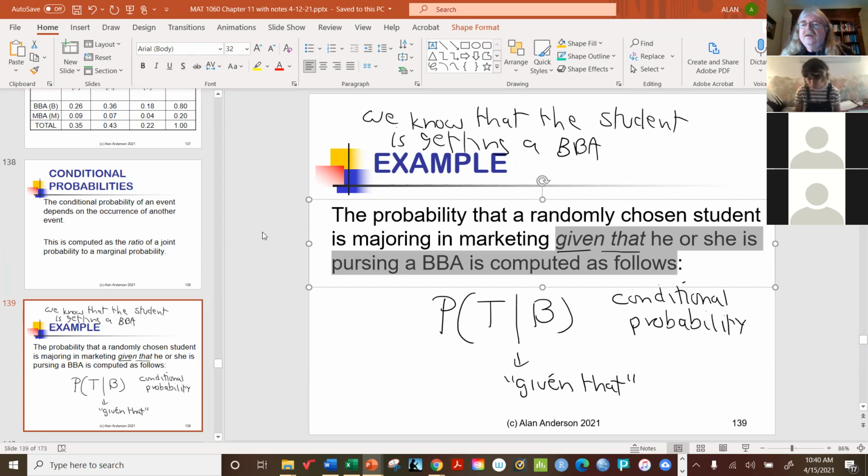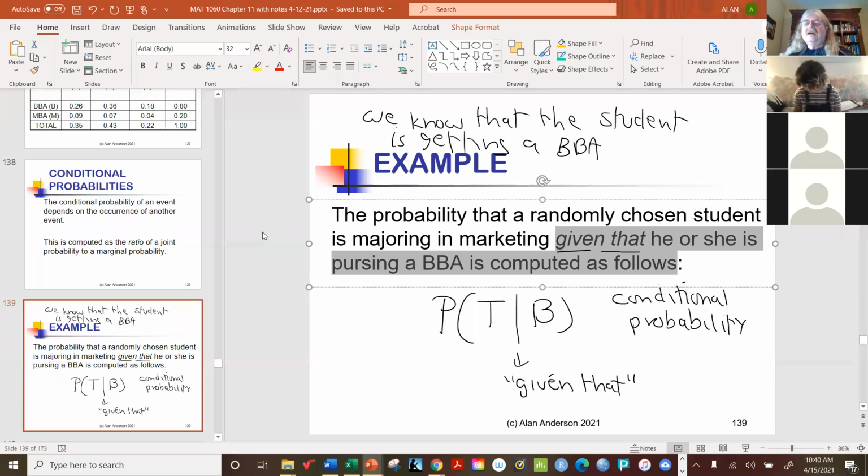What I'm saying here is that we already know that this is a bachelor's degree student. And with that information, we now would like to calculate the probability that this person is getting their degree in marketing. So we need to create a new type of notation for this.